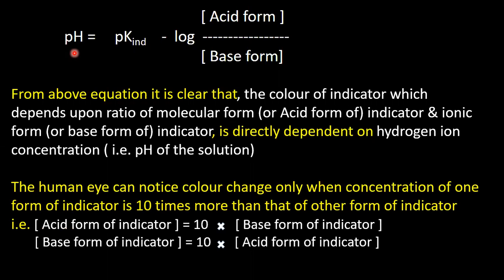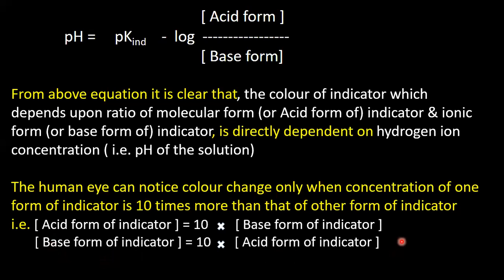Now, when are we able to see the color? The human eye can notice a color change only when, pay attention, only when the concentration of one form of the indicator is 10 times more than that of the other form. That means the concentration of the acid form of the indicator is equal to 10 times the concentration of the base form, or the concentration of the base form of the indicator is equal to 10 times the concentration of the acid form. Only then can we see, with our eyes, a change in color.